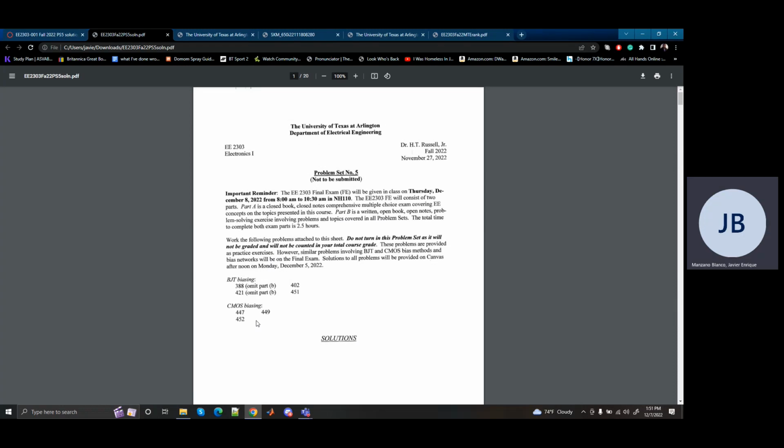If you're solving for VGS, you'll get a positive and a negative one, so it'll be the one that is actually valid, the positive one, the one that makes it saturation. If you're PMOS, it might be the negative one that's in saturation.